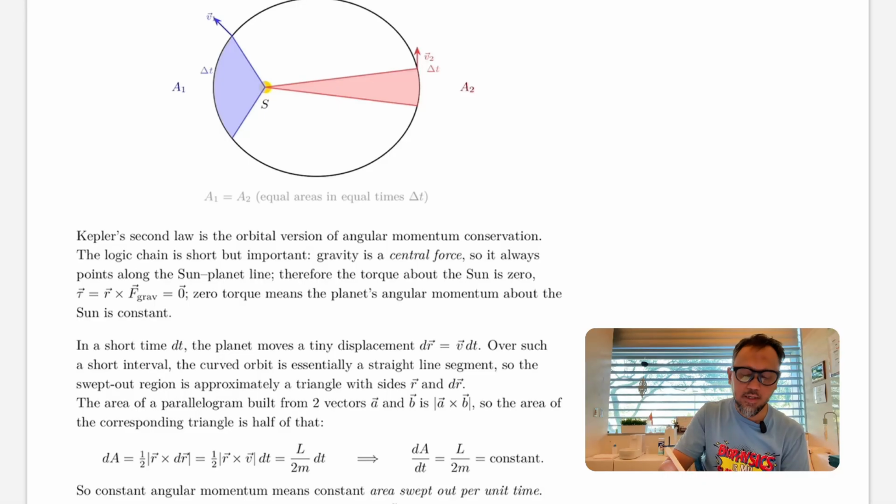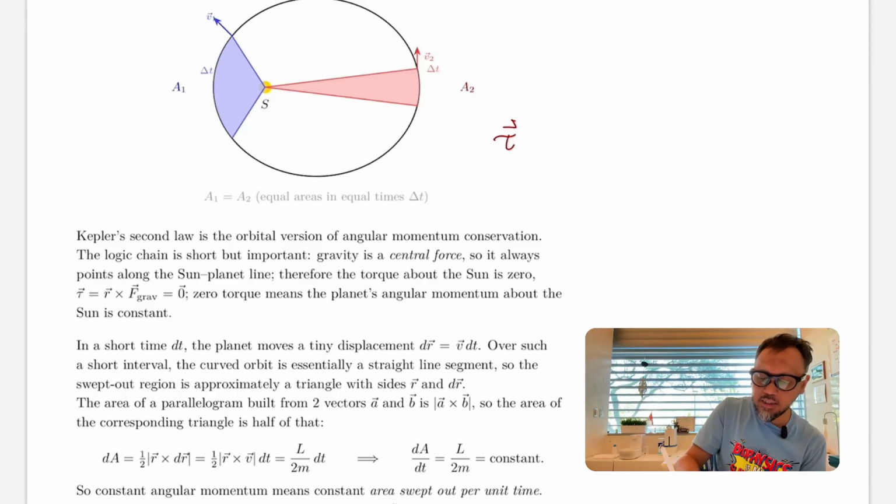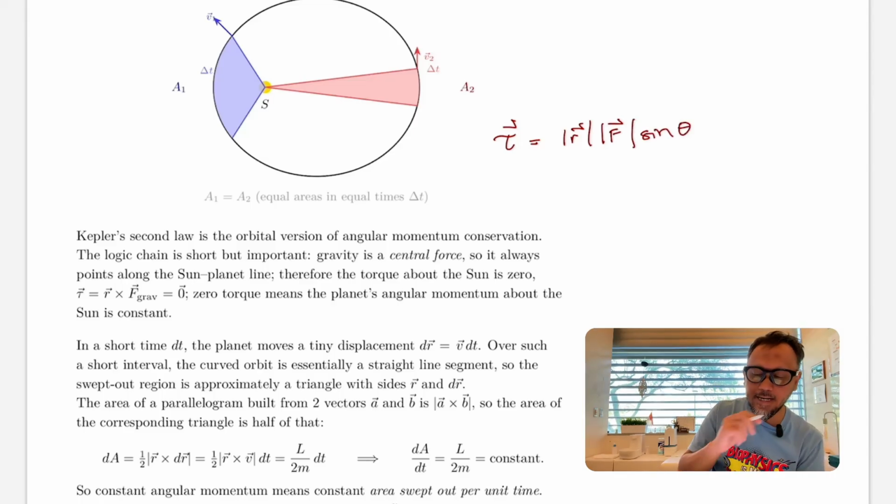The name is not important, but what is important is that because the force is along the line of this lever arm, torque is equal to this formula here, and sine theta is equal to 0 because it's sine 0 degrees. So the net torque is 0, which implies that the angular momentum is constant.